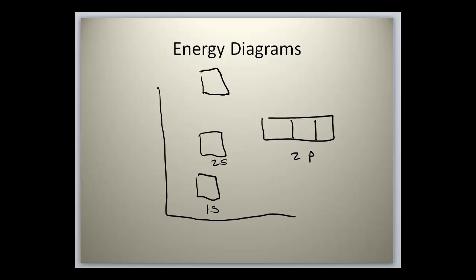So I'm just drawing each energy level with the orbital type and the number of each orbital. The next one would be the 3Ds, but we're going to add in a little exception then. So again, let's put 15 electrons into this orbital diagram.